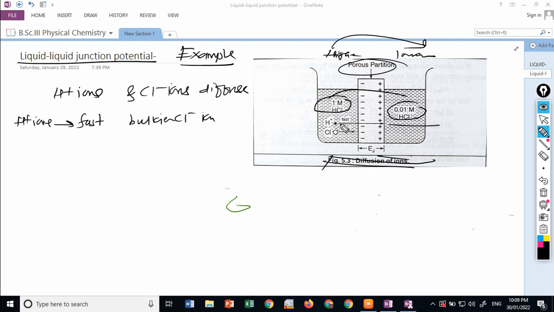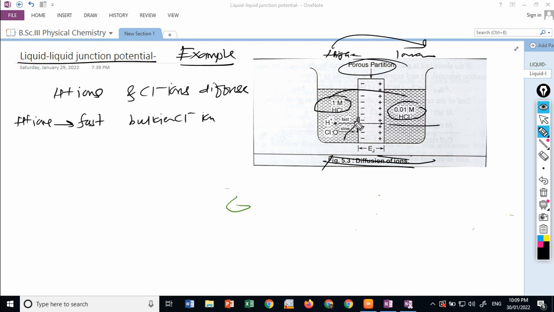By moving ahead of Cl minus, they go into the 0.01 molar HCl region, while the Cl minus ions, which are bigger than the H plus ions, move slowly and remain on this side.